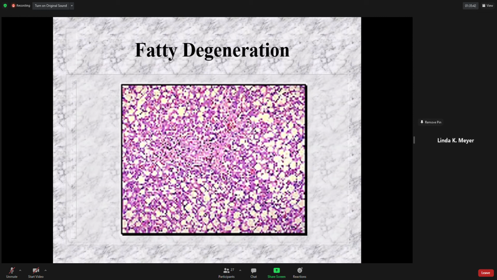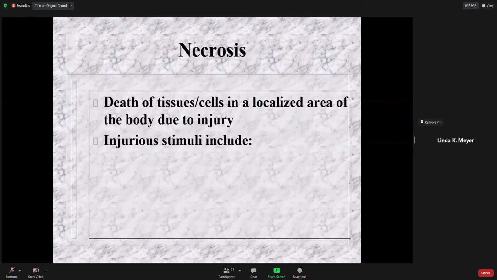Okay, so atrophies are adaptations. Degenerations are reversible alterations at the cellular level. And then finally is necrosis, which is irreversible.